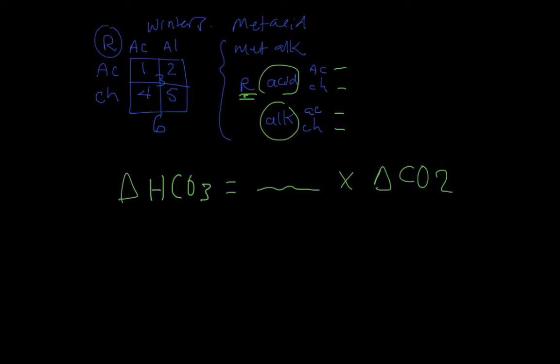This correction factor can be 0.1 for acute acidosis. It will be 0.2 for acute alkalosis. It will be 0.4 for chronic acidosis, and it will be 0.5 for chronic alkalosis.